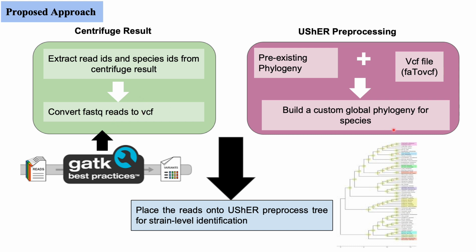To build the mutation annotation tree for Usher, we used the phylogenetic tree corresponding to the tax IDs extracted from the Centrifuge result and the VCF file extracted from the FASTA sequences of the phylogenetic tree. Then it places the read VCF file onto the mutation annotation tree to classify the strain based on a maximum parsimony approach.